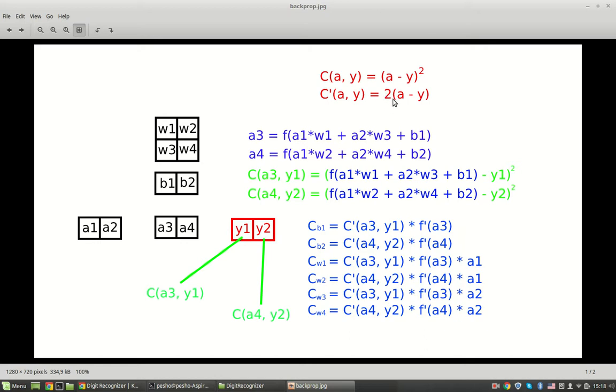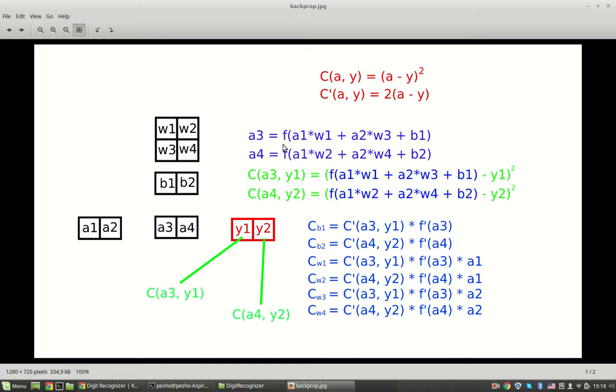And I'm going to ignore that 2 here, since it's pretty much the same if we use a learning rate which is twice as huge, so it doesn't really matter. Now let's see how A3 is computed.